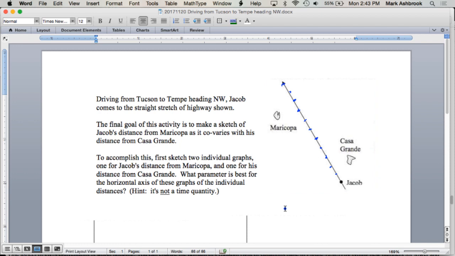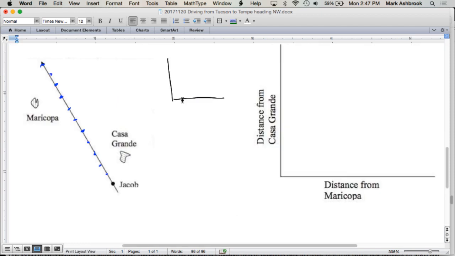So we want the best sketch we can of the final sketch at the bottom. So I noticed lots of you are leading off what's going on here off your graph.